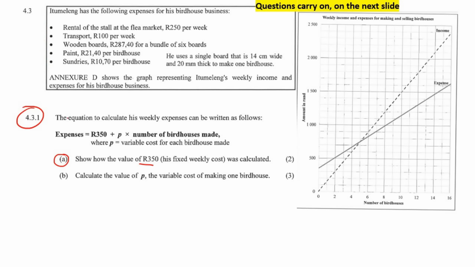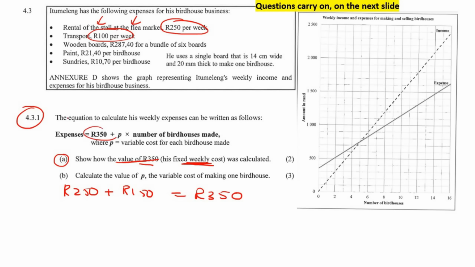We can see the per week costs: 250 Rand per week for the flea market and rental of the store, and 100 Rand per week for transport. If you add those two fixed costs together, you get 350 Rand.